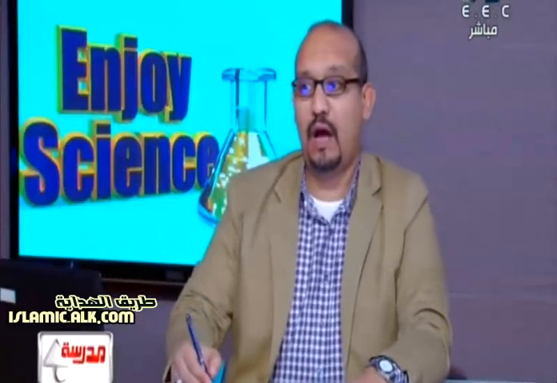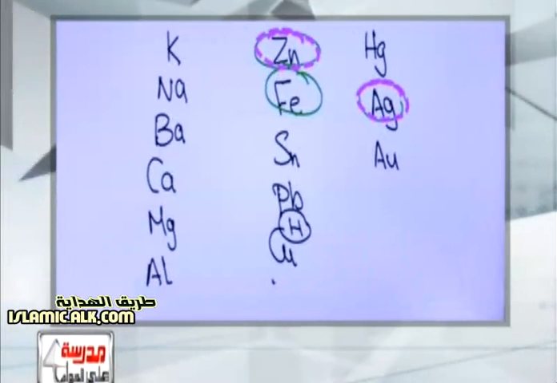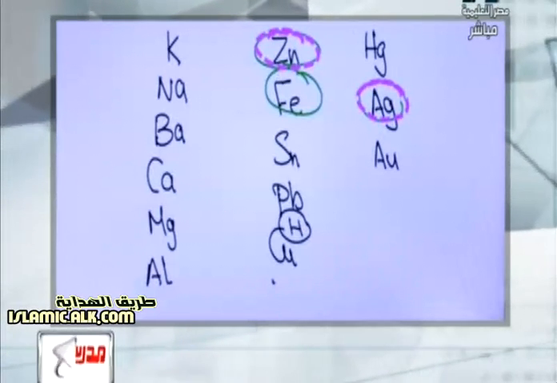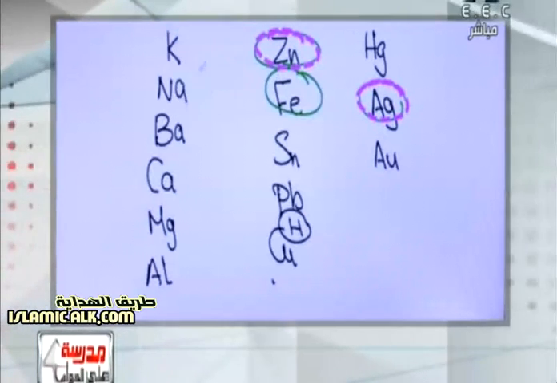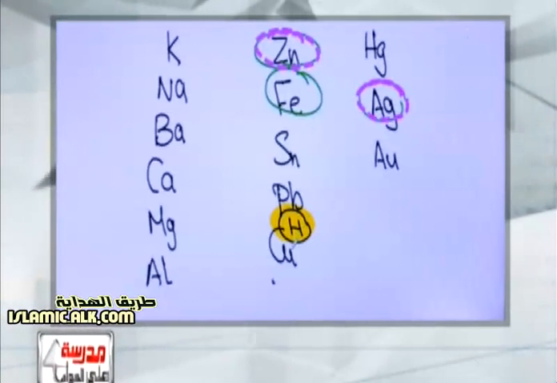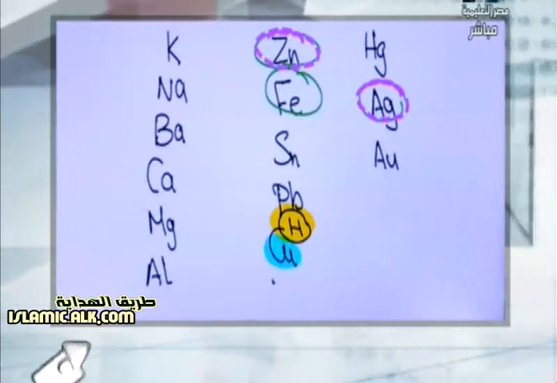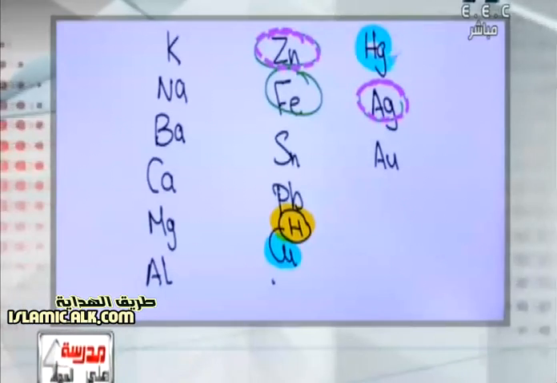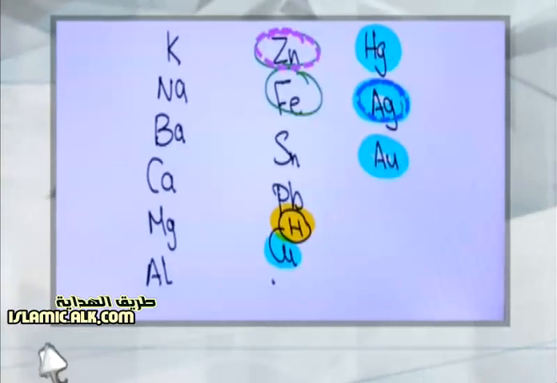According to the chemical activity series, on the monitor please, here is hydrogen. So copper can't, Hg which means mercury can't, Ag silver can't, Au gold can't.